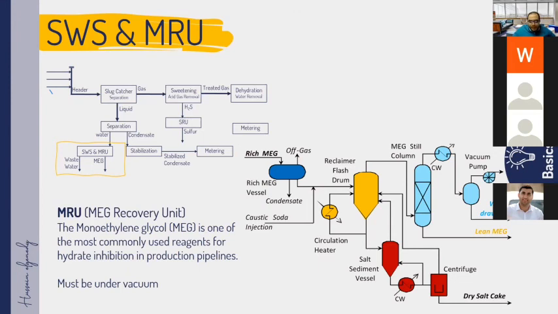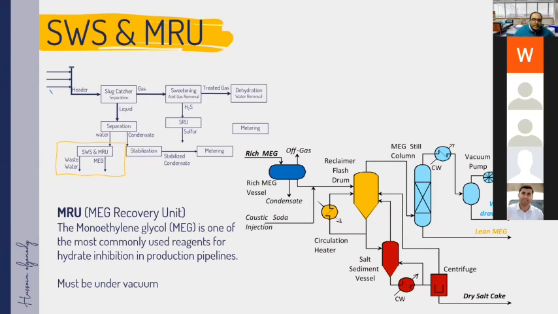As we know, when we reduce the pressure, what will happen to the boiling point of the component? It also reduces. Yeah, the boiling point reduces. So when we are fractionating the MEG, we are using vacuum to reduce the boiling point of the MEG.